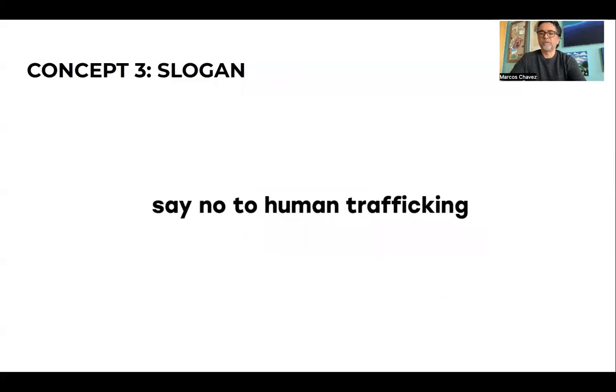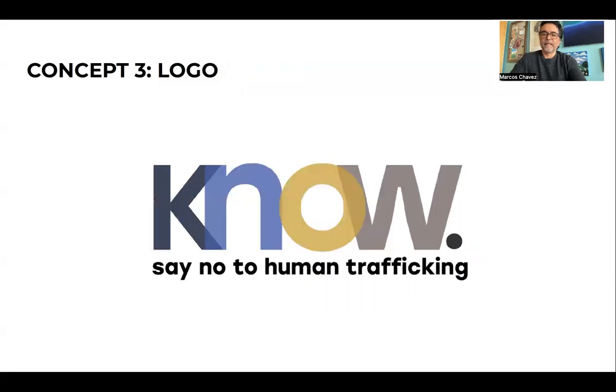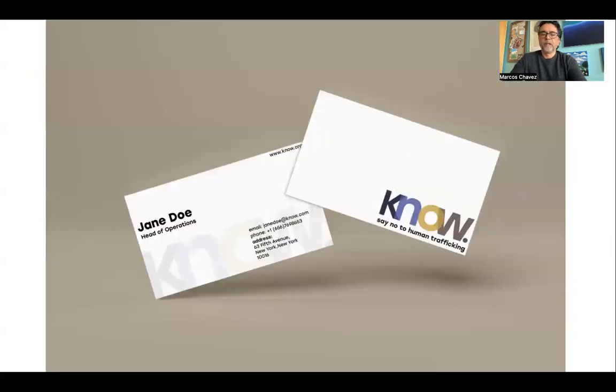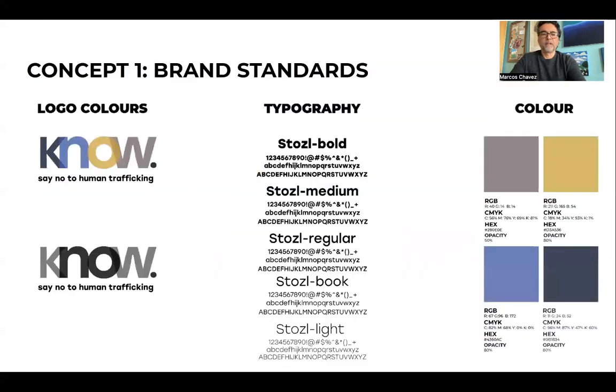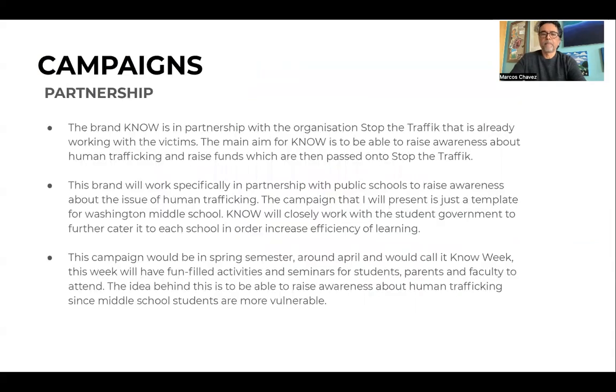So, No, say no to human trafficking, and bringing it all together as the final logo idea. And then showing the core touch points, or the key sample touch points, and then creating this brand standards guidelines that show the logo and color, show the typography options, and show the color palette.